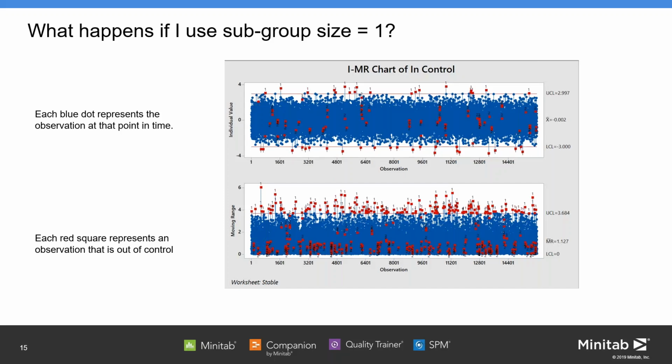And you can see on my charts, the bottom one is looking at the range and the top one is looking at the individual values. And you can see that there appear to be a lot of red values. We're seeing very many red points, but this is somewhat confusing because my process is stable. I created the data, I simulated this data to ensure that it was stable. So if this process is stable, why have I got so many out of control points?